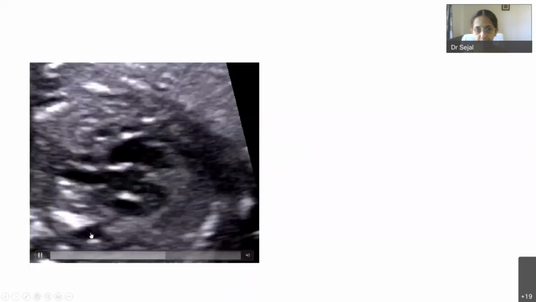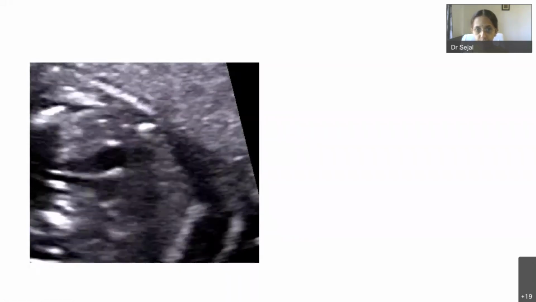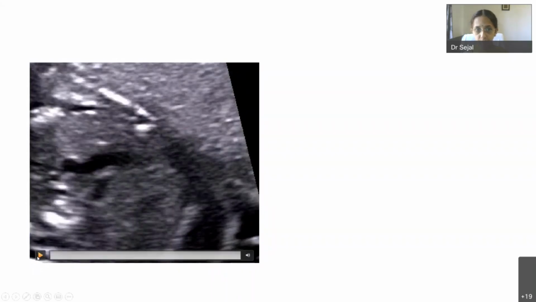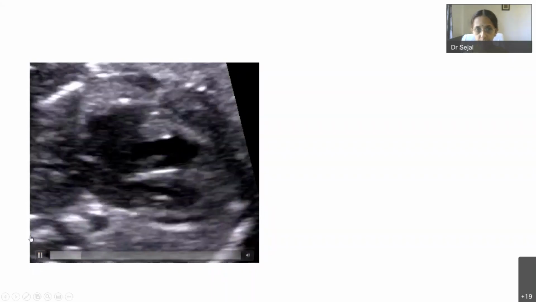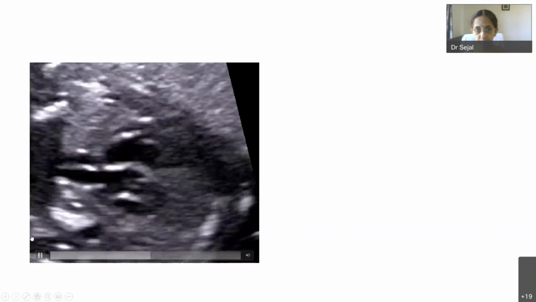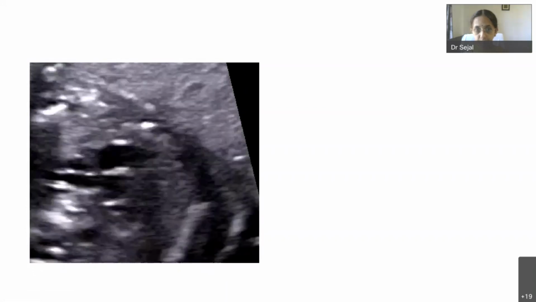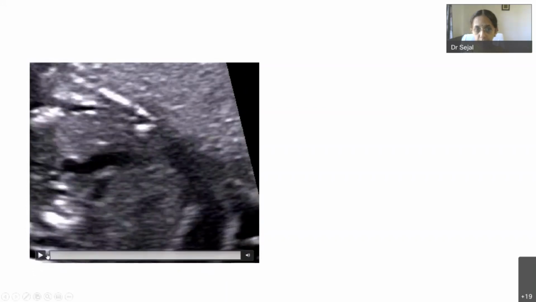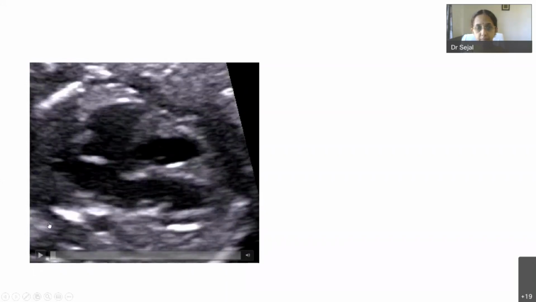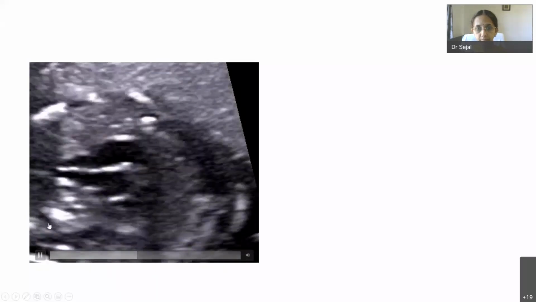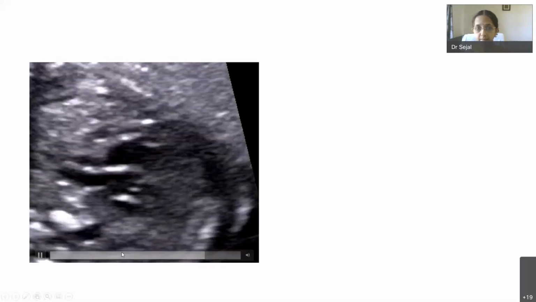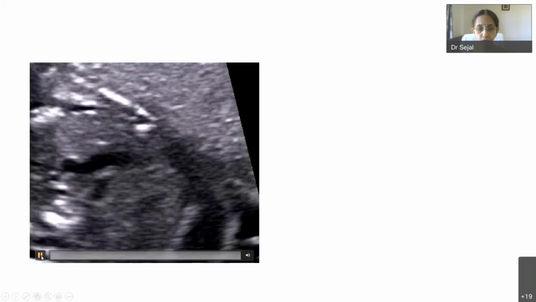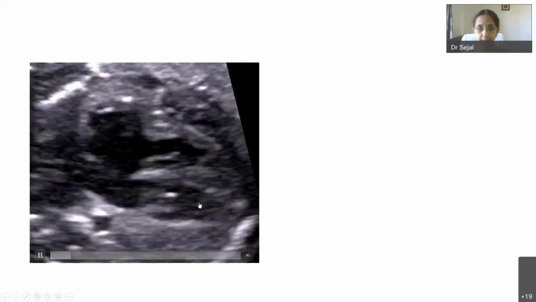This is descending aorta. So just a clue for all of you. Any thoughts? Yes, very good. So you can see this is left ventricle.